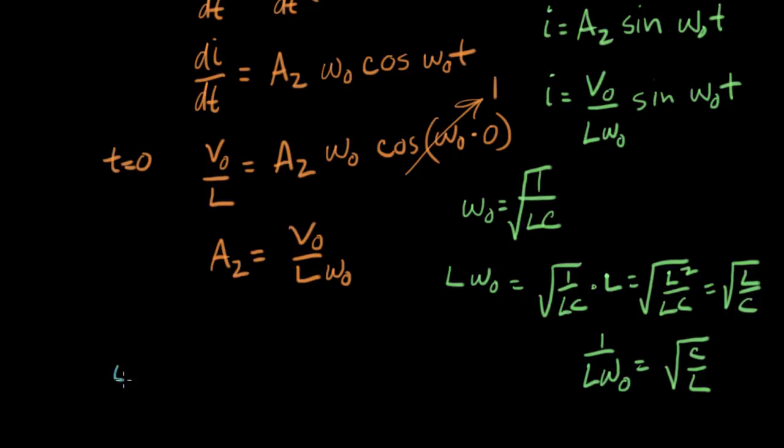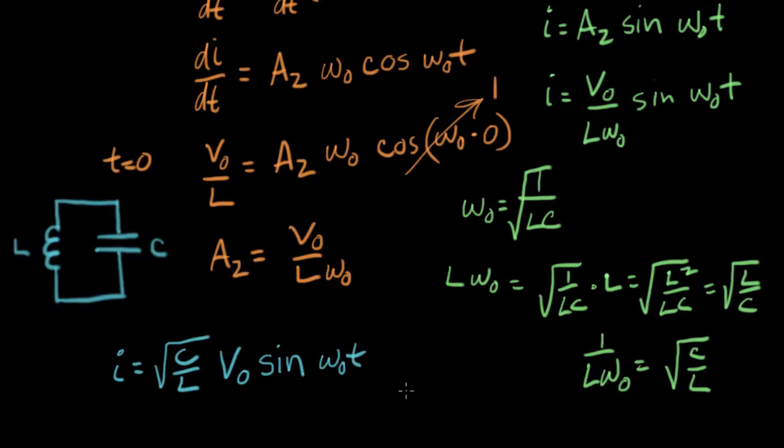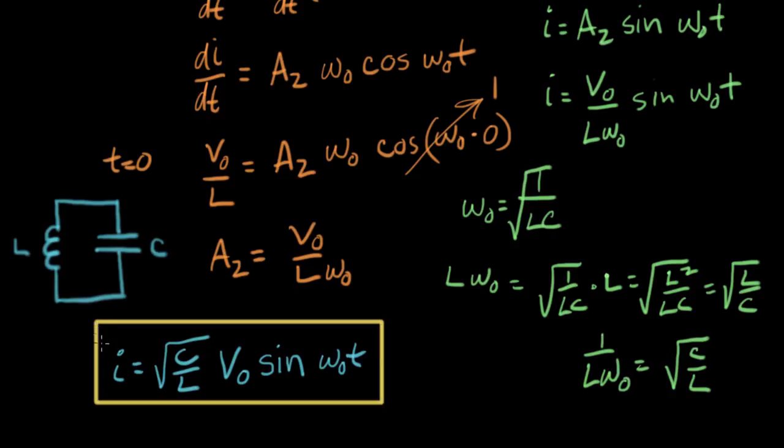And now we can write I equals square root of C over L times V naught sine of omega naught t. And that is the solution for the natural response of an LC circuit.